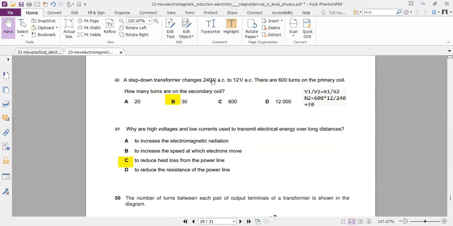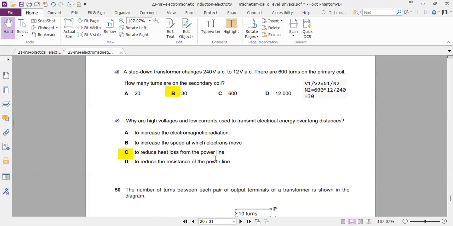So we have 240 volts to 12 volts, a step down, and there are 600 turns. The question wants to know the turns on the primary. We just use this relationship. It comes out to be 30. It's because we want to reduce heat loss from the power line.